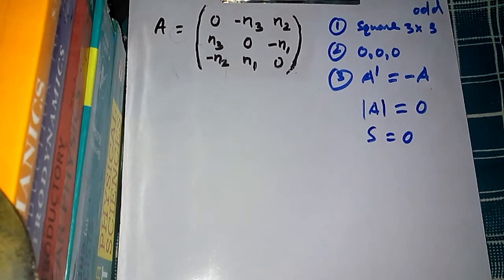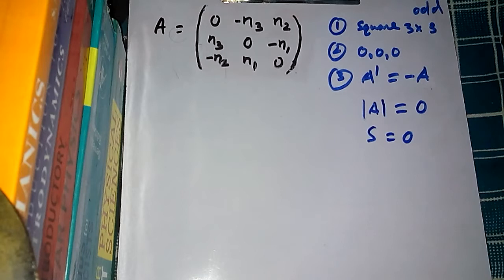Now let me discuss a little bit about eigenvalues of antisymmetric matrix. Eigenvalues of antisymmetric matrices are purely imaginary numbers. This is something that has to be remembered by you.